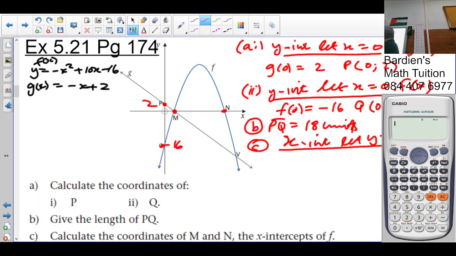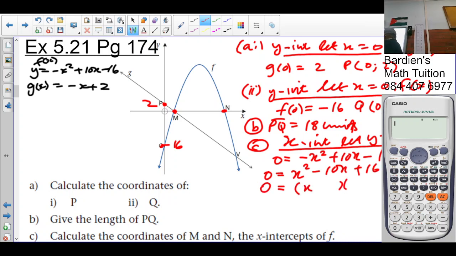So that is going to give us 0 equals negative x squared plus 10x minus 16, divided by negative 1. So x squared minus 10x plus 16. Trinomial. So x and x, 8 and 2, minus 1.